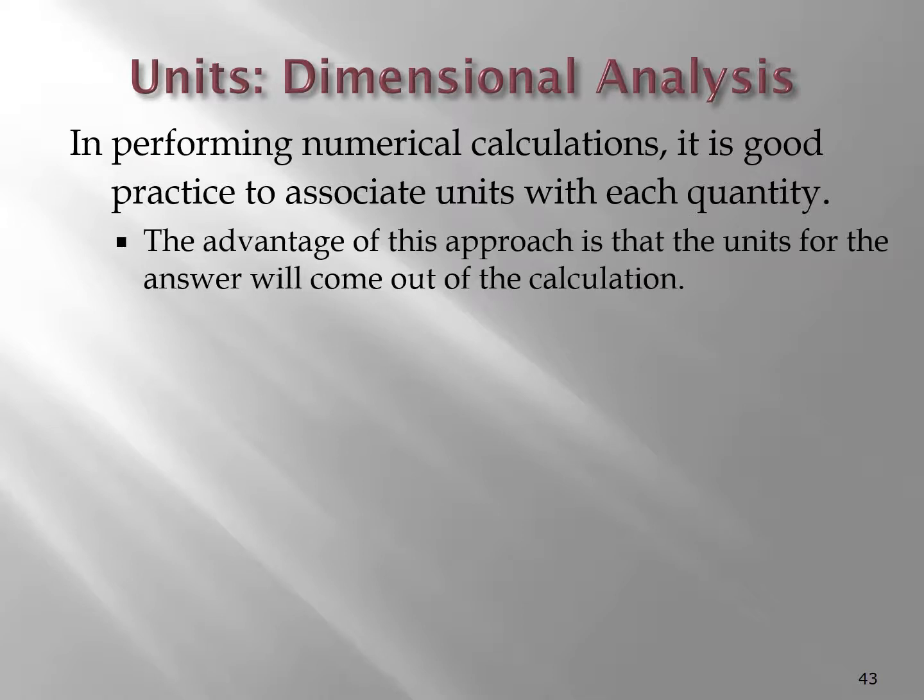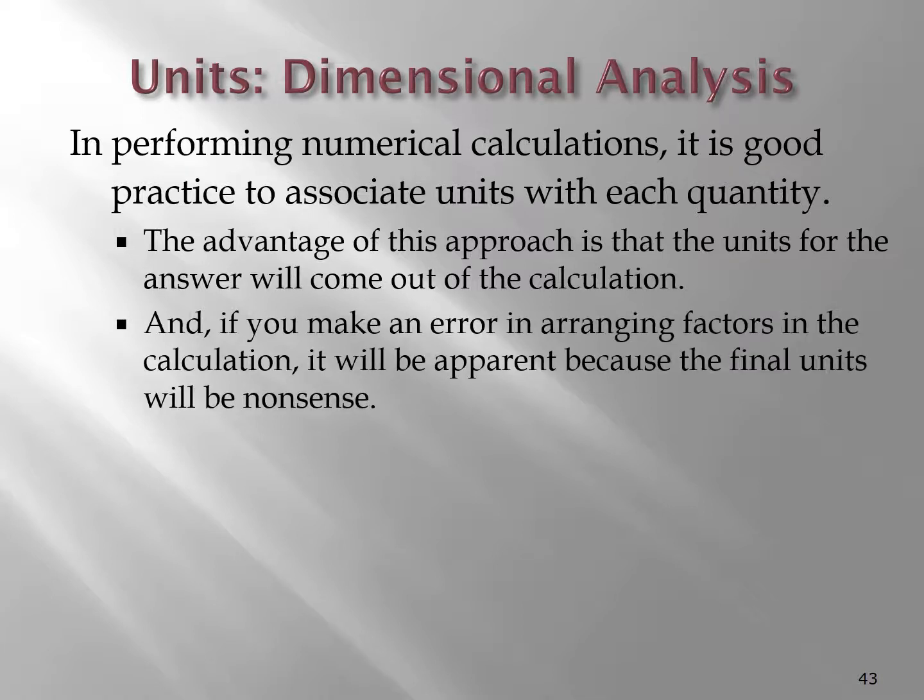So what happens is that the units for the answer will come out of the calculation, and we'll see when we do an example. And if you make an error in arranging the factors, it should be apparent because the final units will be nonsense, or at least not what you're looking for.